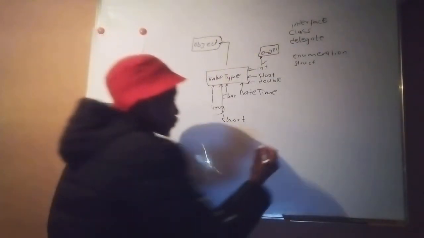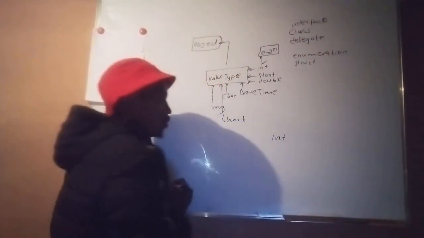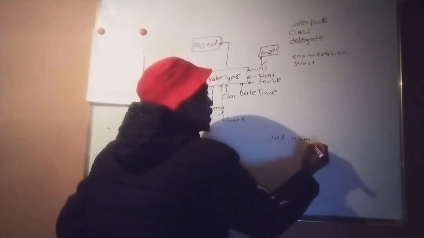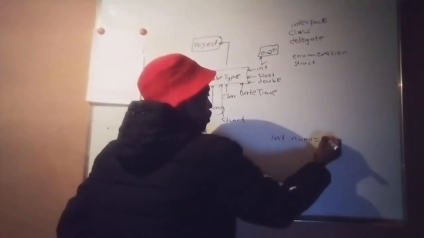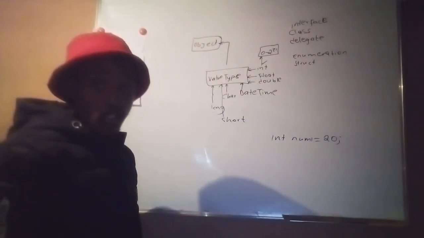So this is how you declare a variable in C#: the type of the data point that you want to store in that variable, the name of that variable, then the value by using the assignment operator.